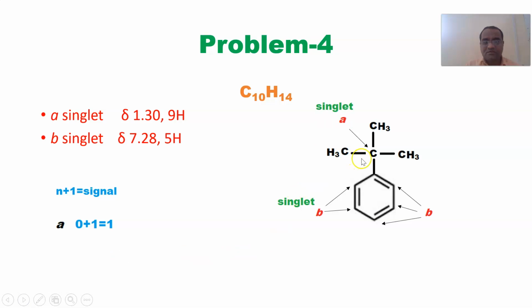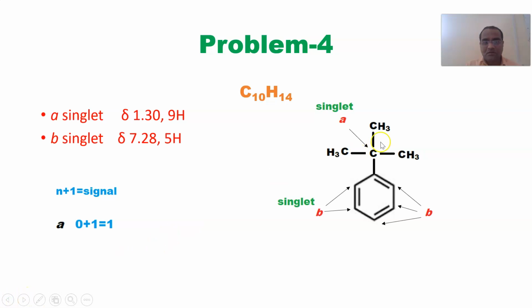And now this compound will give this carbon, sorry, not this carbon actually. So these are the carbons that will give us the singlet, and looking at the structure, you can see that 7.28 5H, so it is correct.